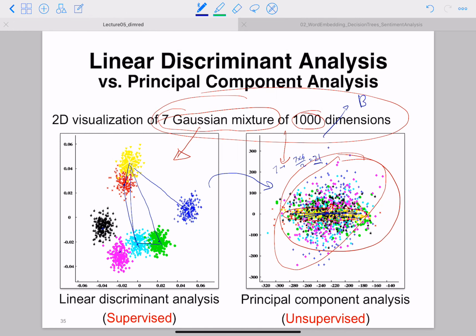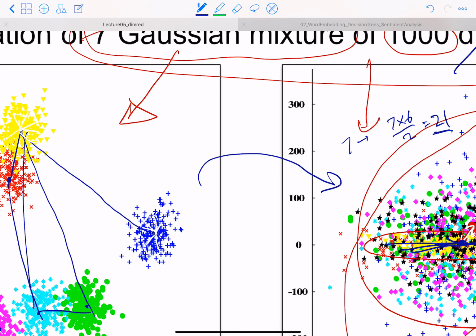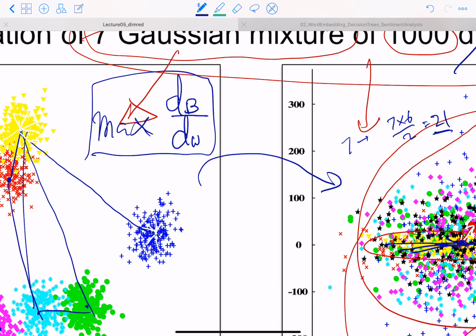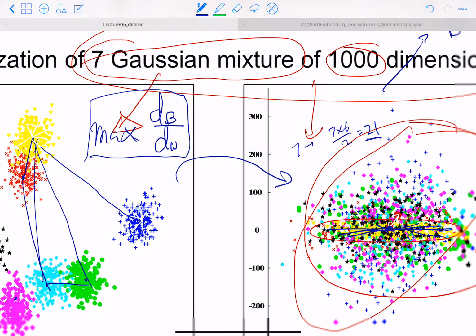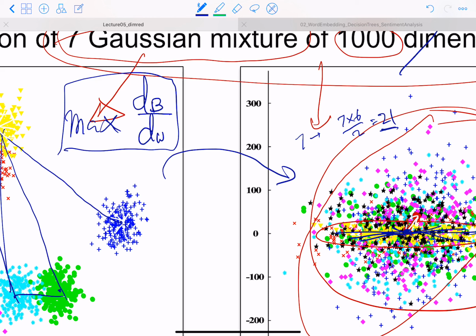In more detail, LDA is actually maximizing the ratio between the between cluster distance and the within cluster distance. So that is the criterion of LDA.